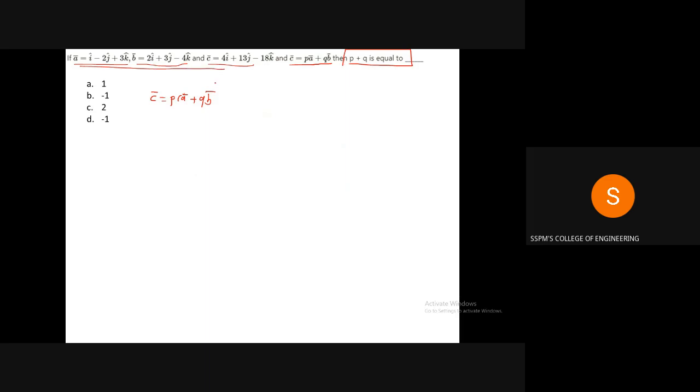So now we will put the values of a, b and c in this equation. These are three vectors that are already given, and we are also given the equation c bar is equal to p a bar plus q b bar.